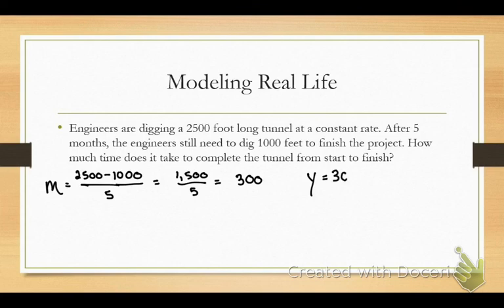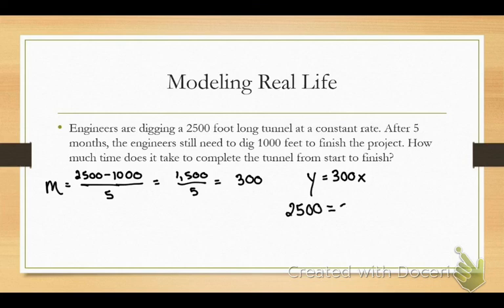300x. Okay? Now, y is going to be your feet or your distance, and x is your months, because that's what's affected by your rate. How many months? So how many feet do we need to dig total? 2,500. So it's going to be like part of a month.